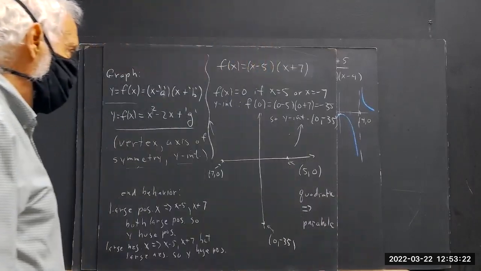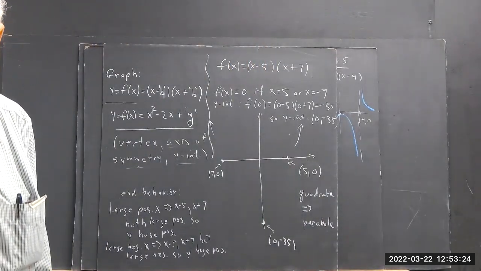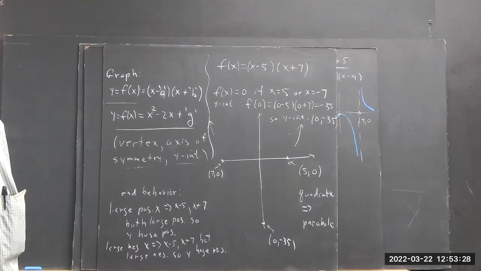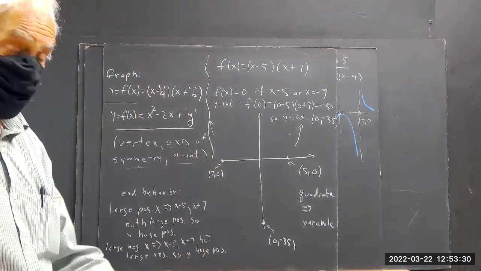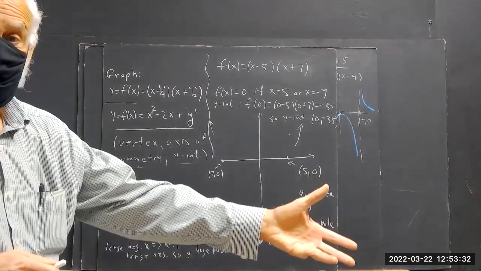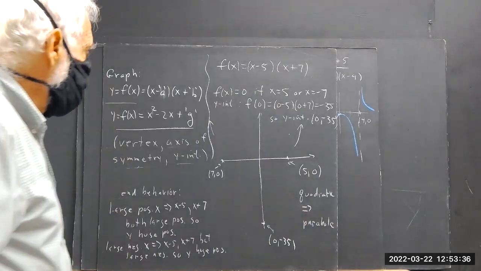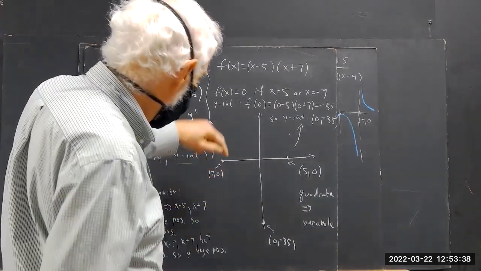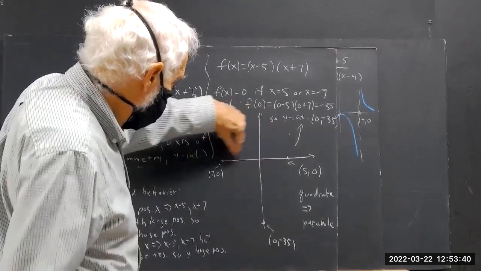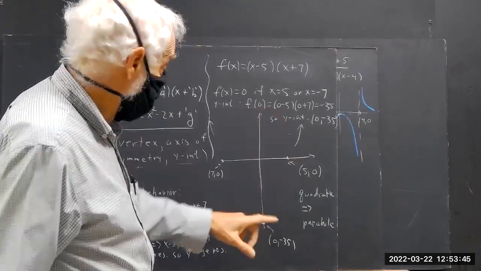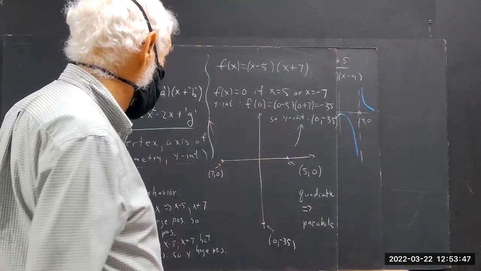A parabola has an axis of symmetry that cuts the thing in half, and what happens in this half is a mirror image of what happens in this half. Since that's so, the axis of symmetry has to be halfway between these two points.